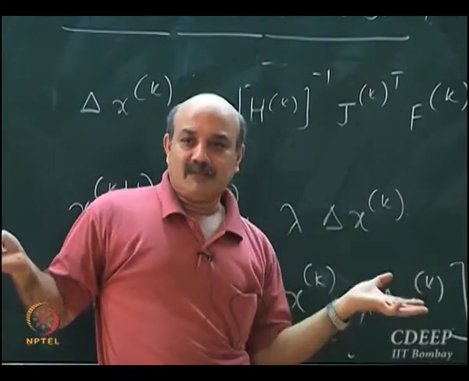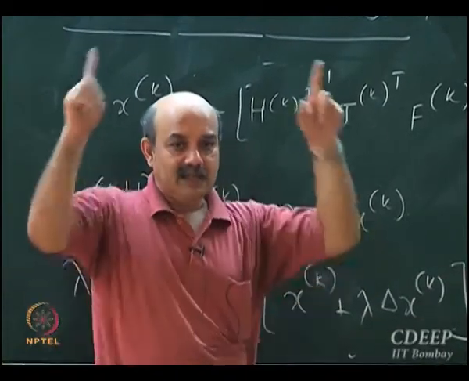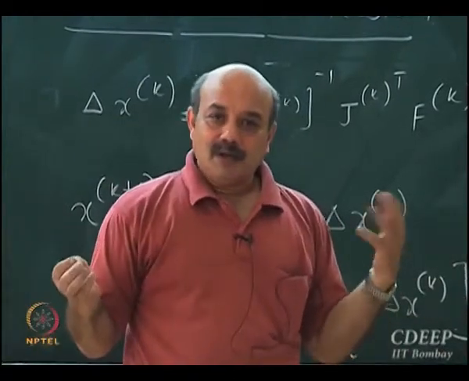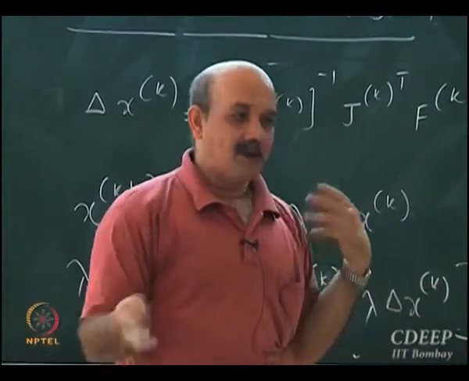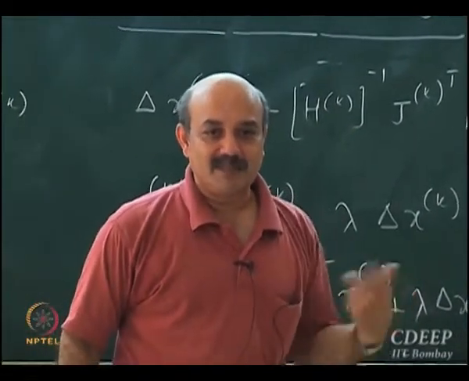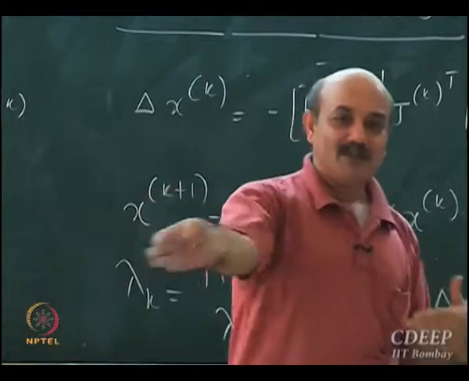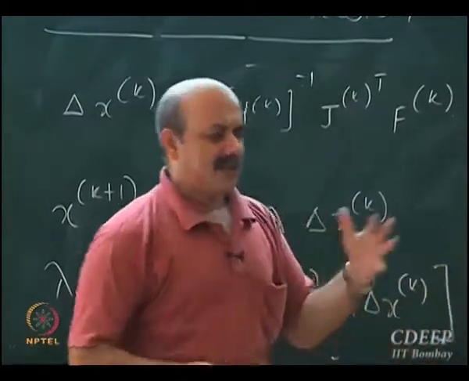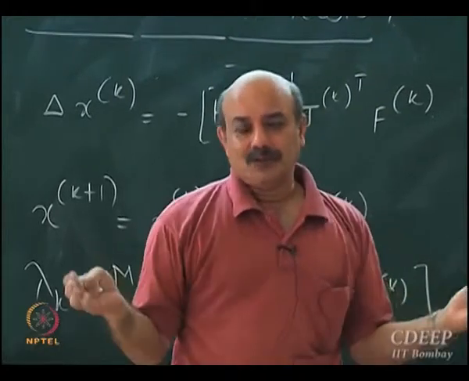If your number of variables is large, the Hessian matrix is large, and again the same problem: fast convergence with fewer iterations but a large number of computations at each iteration, or more iterations and fewer computations at each iteration.